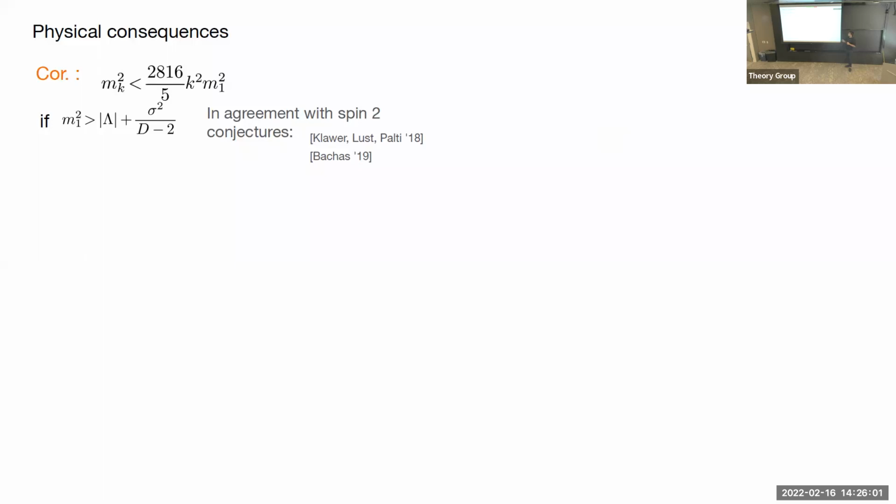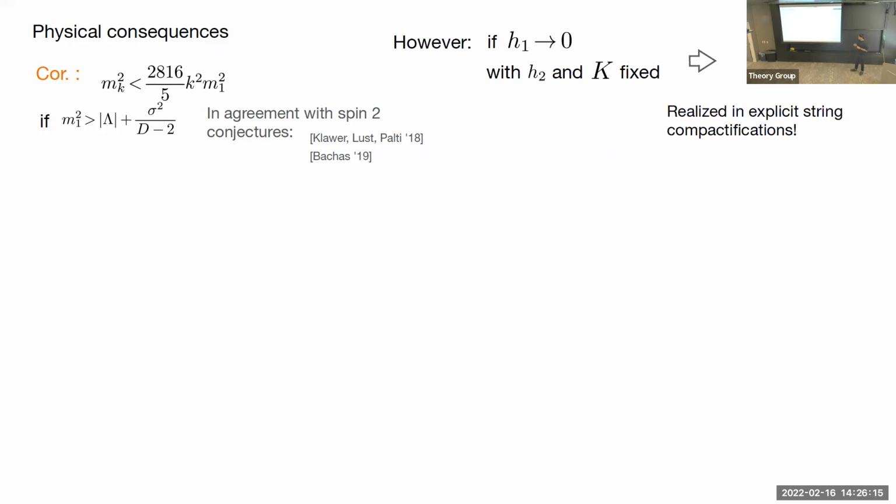And you can see that this proves it in a certain regime, in the sense that when you're sending M1 to 0, you're getting also that the other elements of the tower are going to 0. However, it is an agreement, but it's true only in this regime. If M1 becomes light, and once it crosses the threshold of the cosmological constant, then this is not true anymore in general.